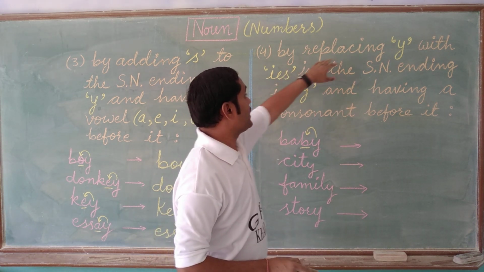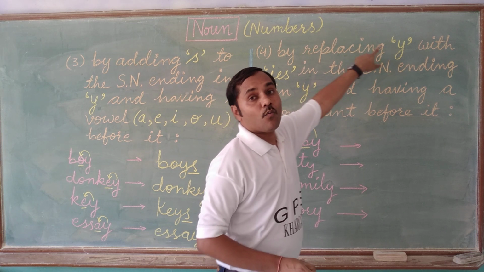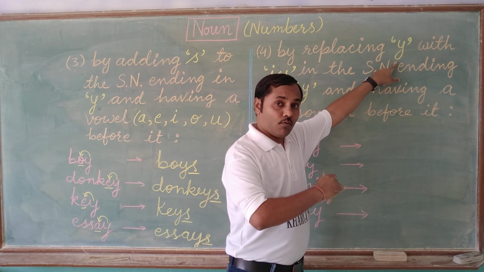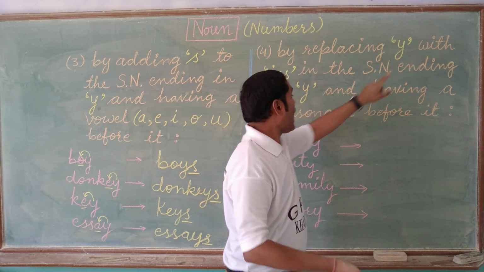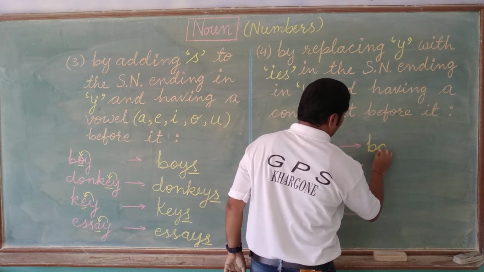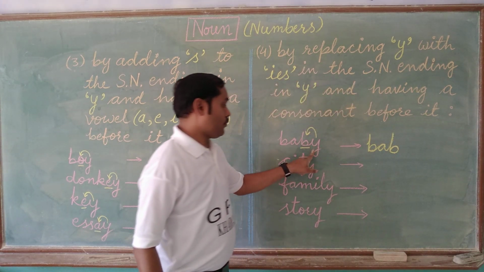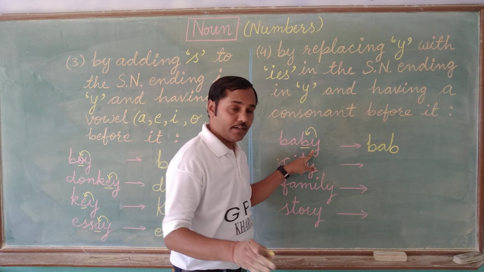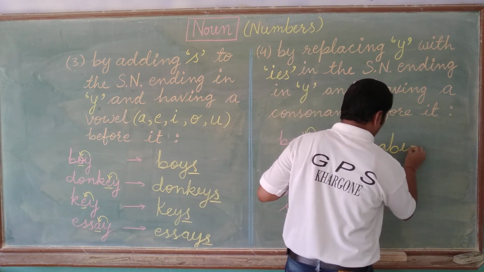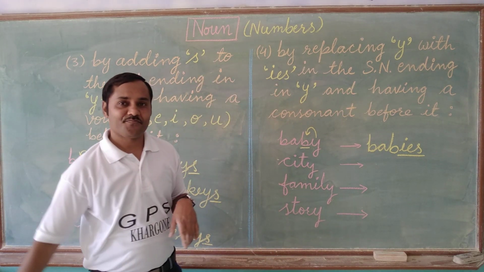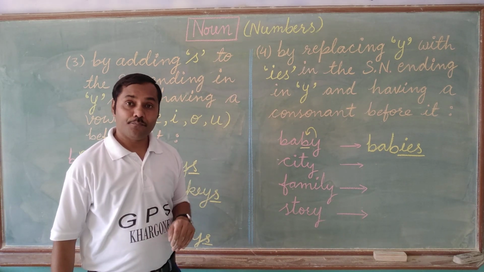We need to replace Y. We have to take out Y and we have to put IES. It's like B-A-B, now Y is replaced. We remove Y and we add IES. Babies. This is the spelling babies.